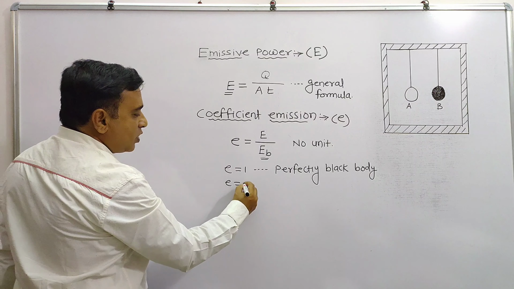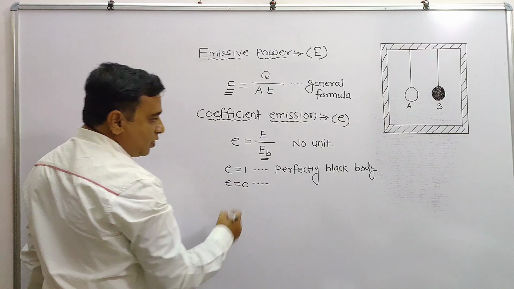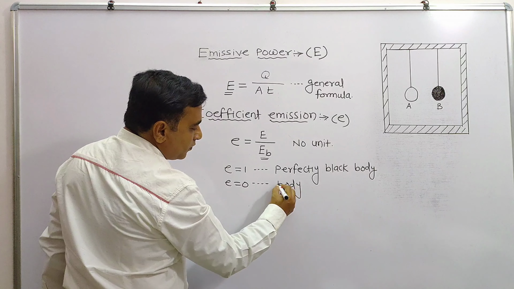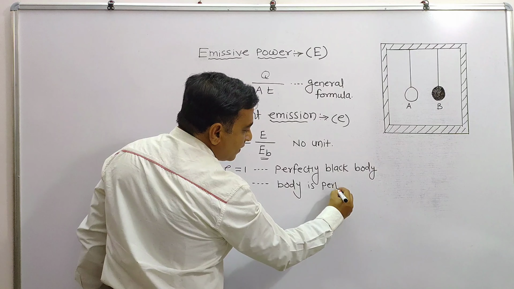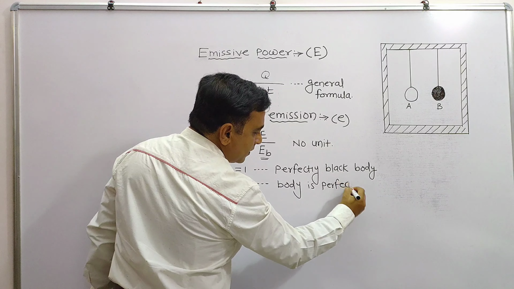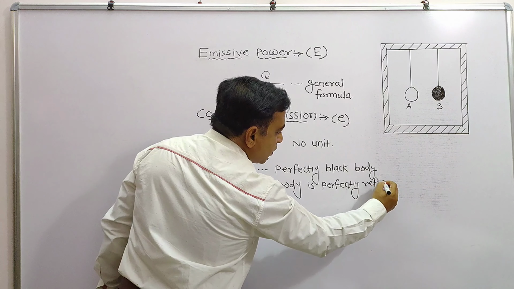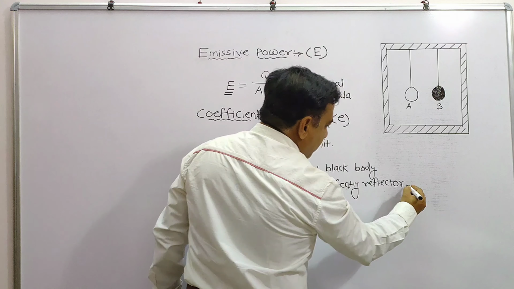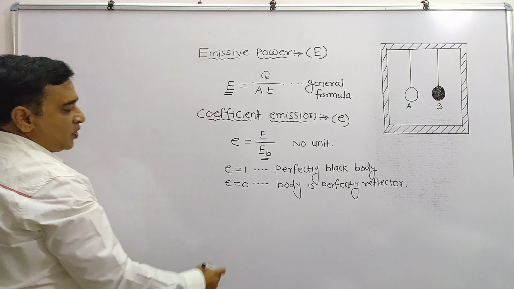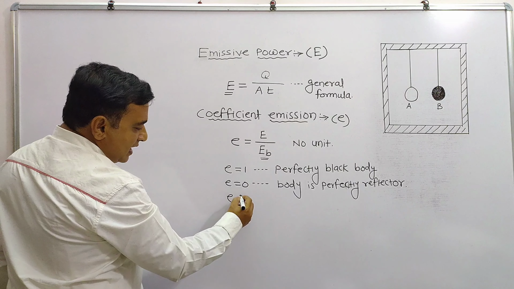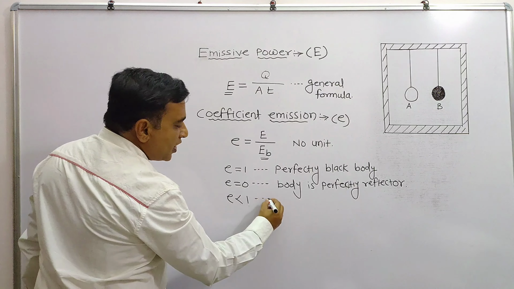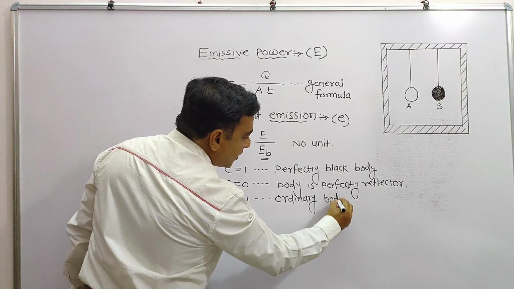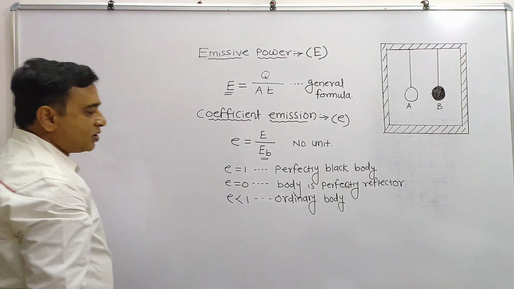If E is equal to 0, the body is a perfect reflector, which means whatever energy falls on it, it will reflect. If E is less than 1, then the body is an ordinary body. And hence we are going to know about all these criteria.